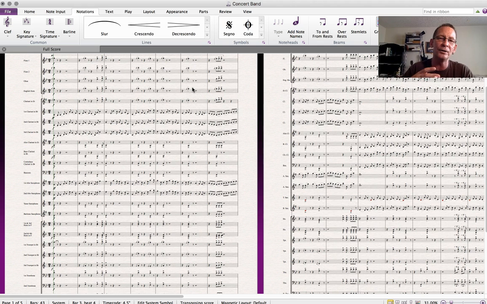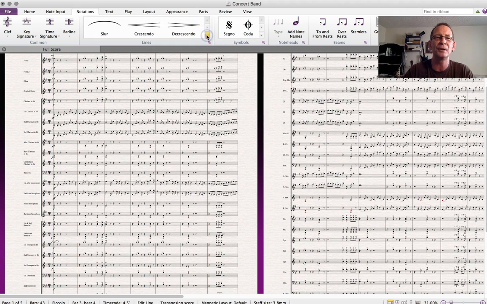It'll be marked as a slap staccato, but that might not be an accurate representation of what's happening there. Those kinds of things you really want to spend some time looking at.